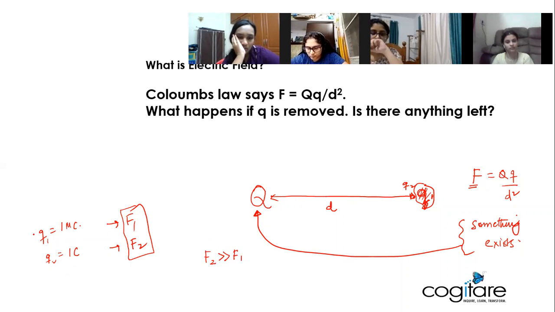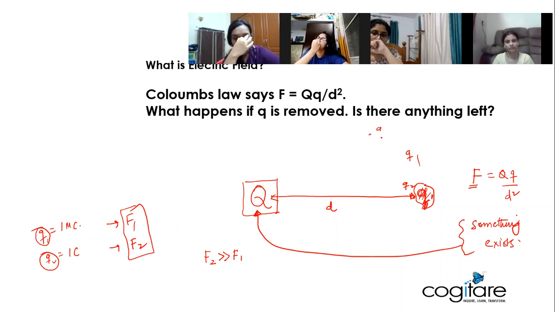That's because Q1 is very small, Q2 is larger, 10 to the power of 6 times larger than Q1. But this Q is the same. Here, this fellow is the same. Now, how do I define whatever we are experiencing? Whatever this Q1 is experiencing, whatever this Q2 is experiencing, these guys are experiencing force because of this fellow.